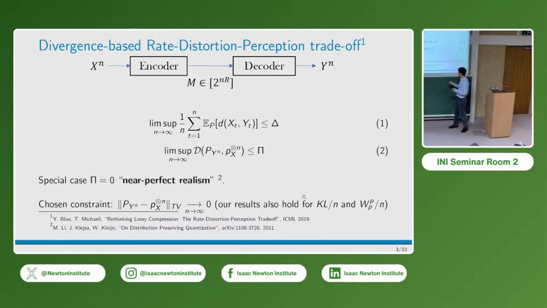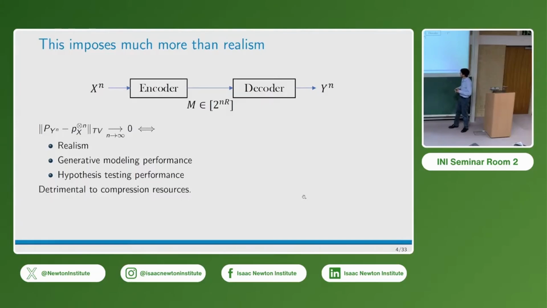Another way to say this is that I believe that requiring a vanishing divergence or a small divergence between these distributions does require realism, yes, but it requires, as I said, great generative model performance for the decoder. Another way to say this is that it's the ability to fool the best mathematical hypothesis test between these two distributions.